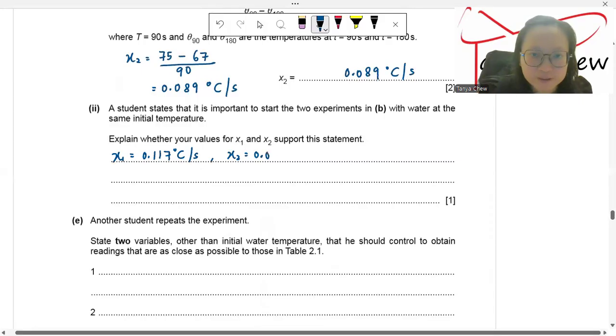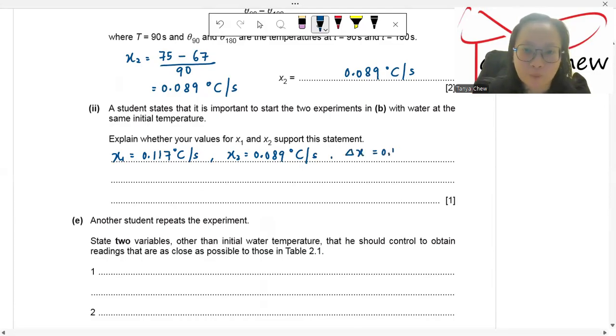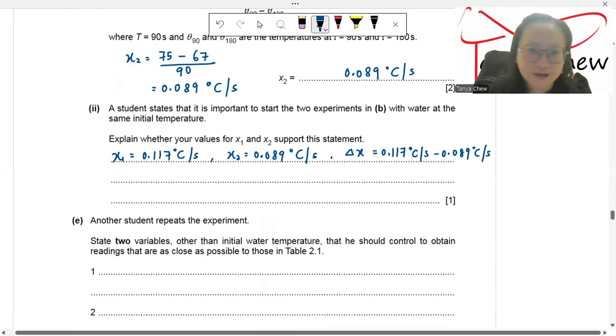X2, the reading is 0.089 degrees Celsius per second. So the difference between the 2 x values, or delta x, is equal to 0.117 degrees Celsius per second minus 0.089 degrees Celsius per second. I got 0.028 degrees Celsius per second.